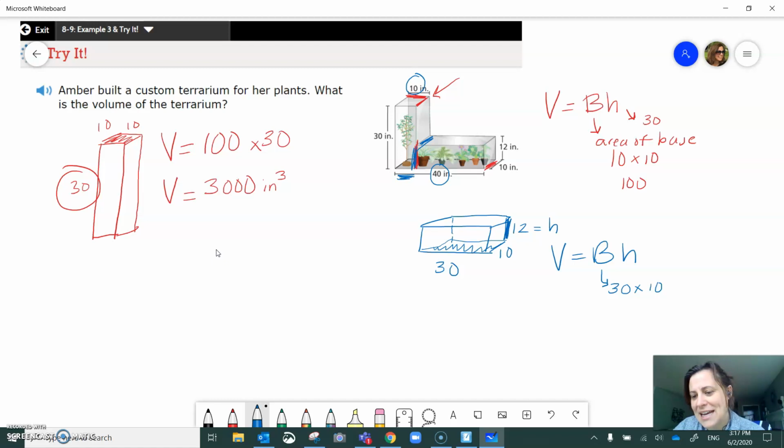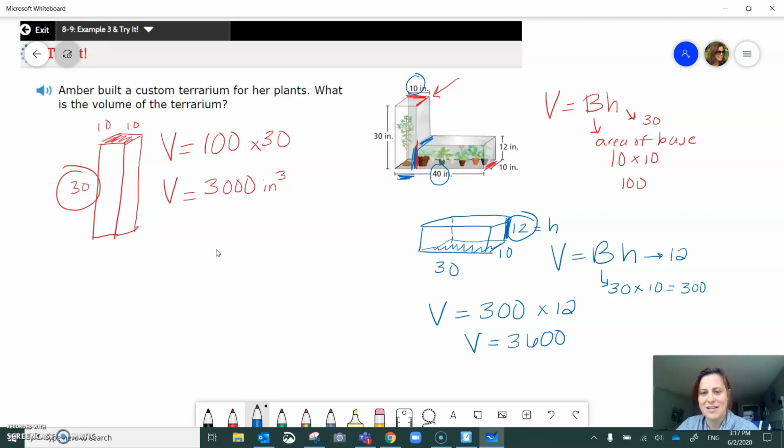And 30 times 10 is 300. And then the height of this figure is 12. So the volume is going to be 300 times 12. And 3 times 12 is 36, so it's going to be 3,600.